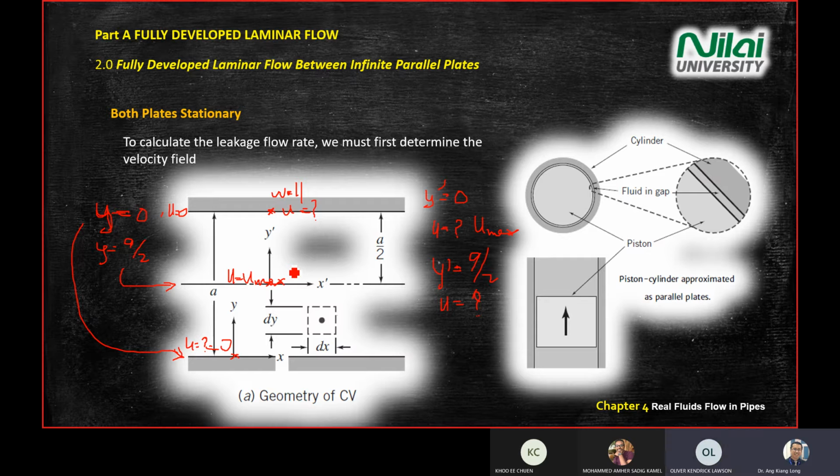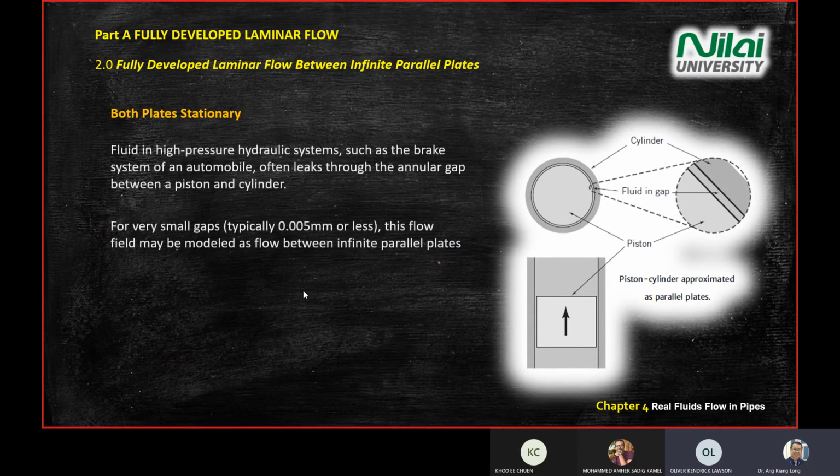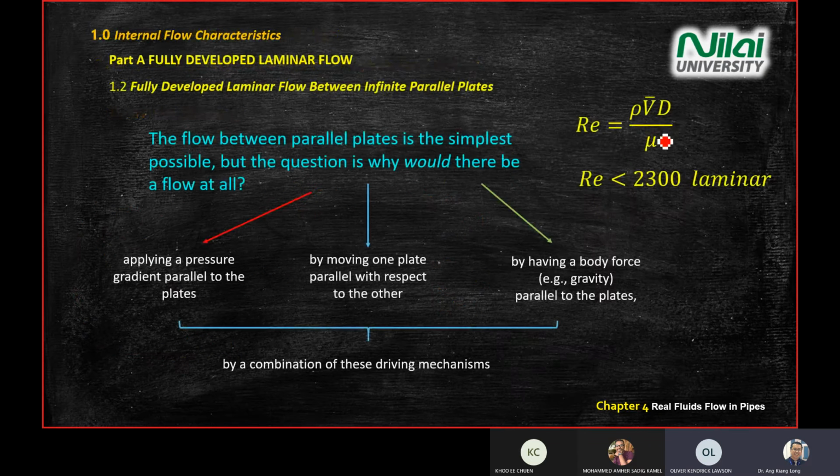Besides friction, what is the fluid property that affects the velocity? Newtonian fluids. One of the parameters for Newtonian fluids, what is that? Reynolds number. What is this term? Rho Vd divided by mu. What is mu? Viscosity, correct.